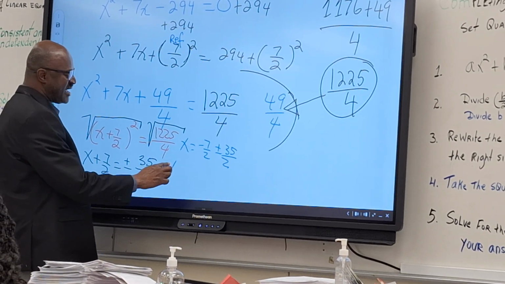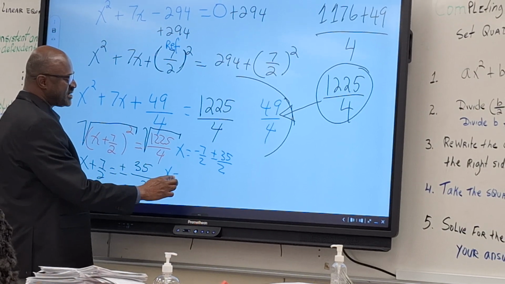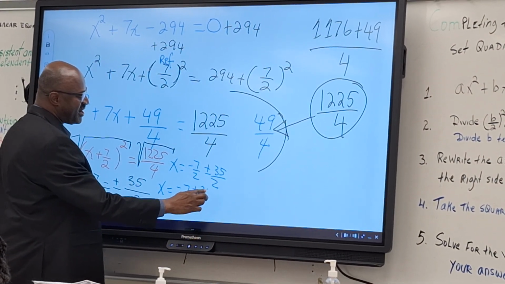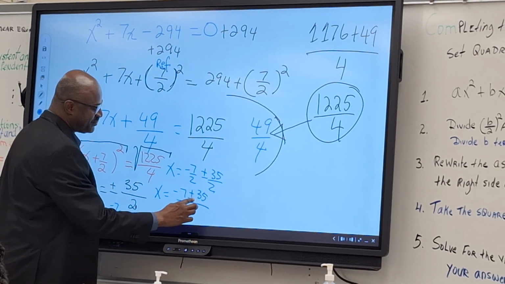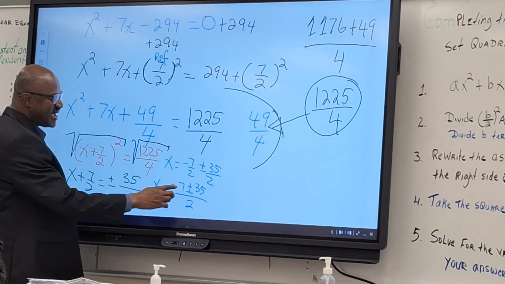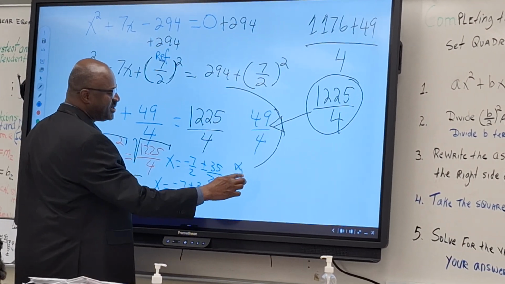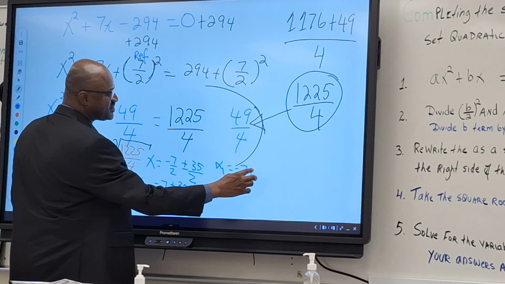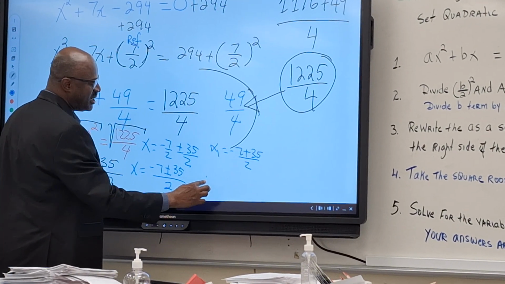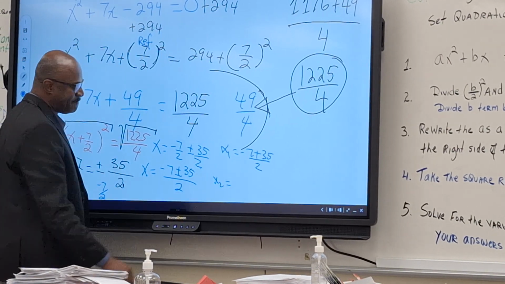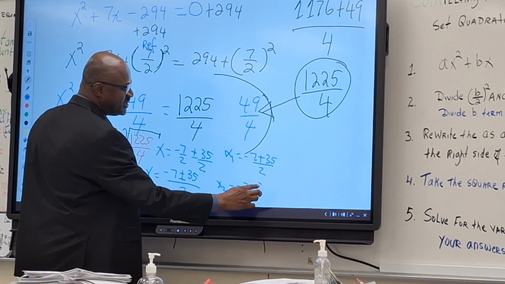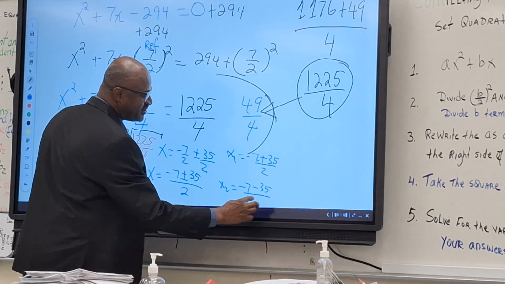So I can simplify it as this. My answer is negative 7 plus or minus 35 over 2, right? So my first x1 is negative 7 plus 35 over 2, and the second one is negative 7 minus 35 over 2.